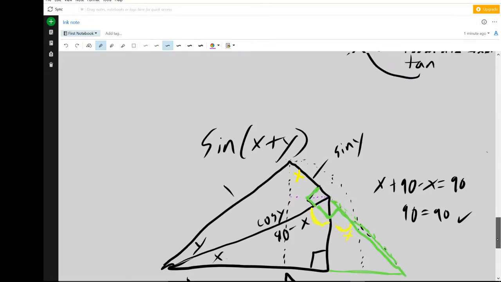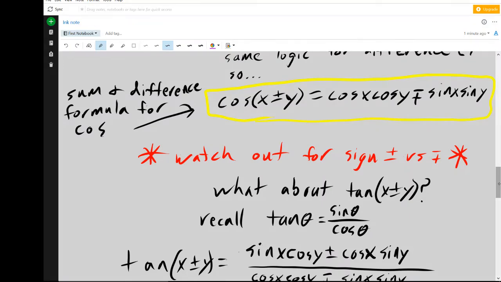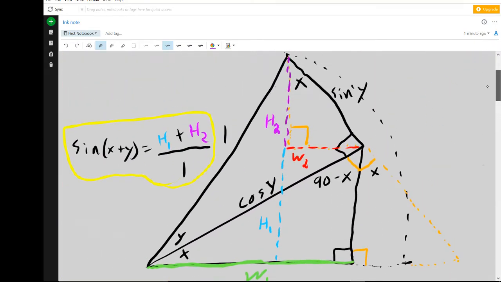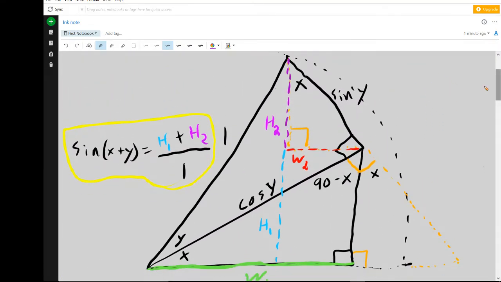With that being said, let's go up to our more cleaned up version. If we're adding these x's and y's together, that means we're going to have this angle right here, this x and this y. To find the sine, you need the opposite over the hypotenuse. The opposite is going to be h1 and h2 put together, which we don't have yet, over 1.